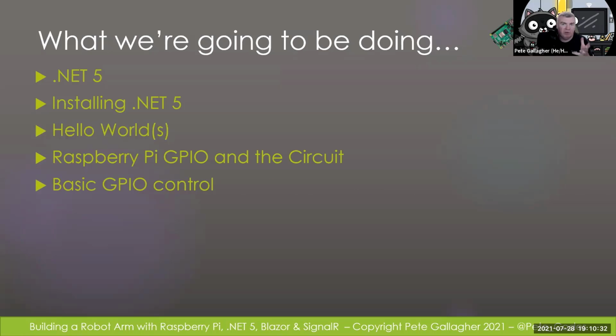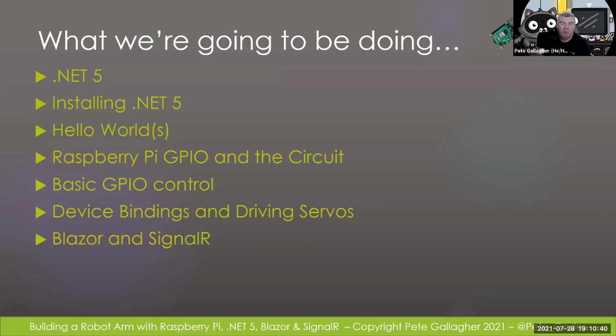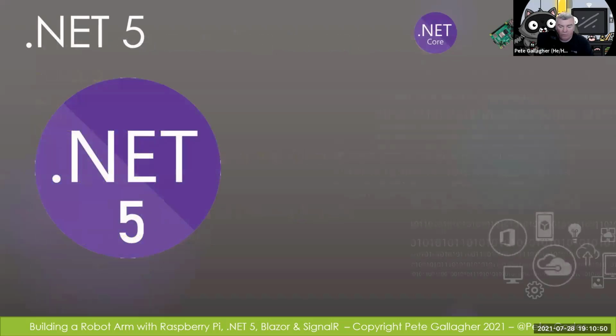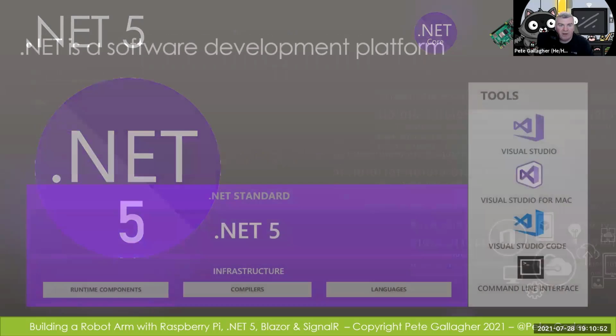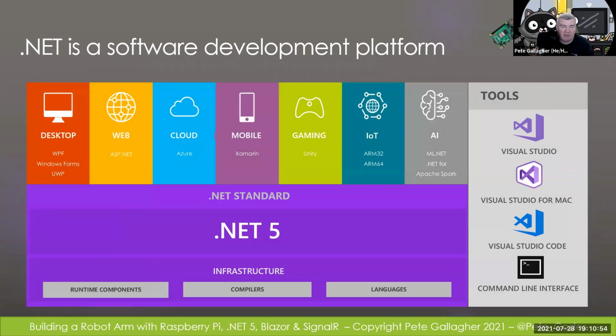And then we'll talk a little bit about how we can control GPIO with .NET. And look at device bindings and how then we can drive servos and how they work. And then we'll move on to Blazor and SignalR for some fun, and then some final demos after that, and then some Q&A.